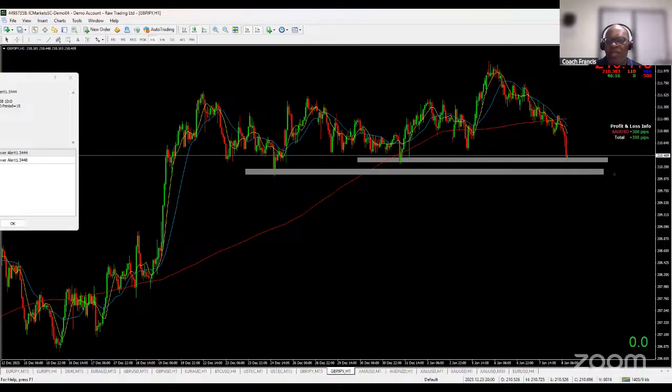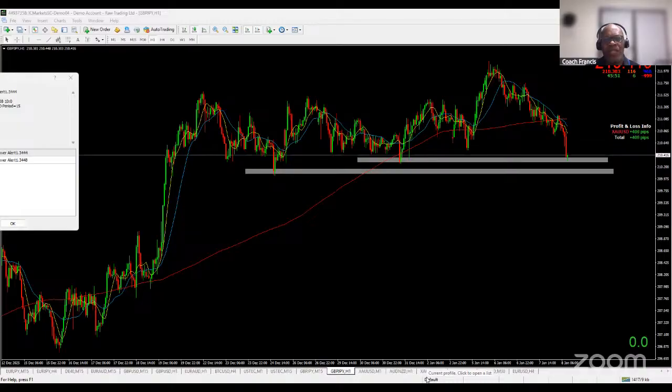Now, obviously, I do trade price action as well, never mind the fact that you see the moving average indicators there. But mainly for the purpose of our live training and trading session, I would also use indicators.